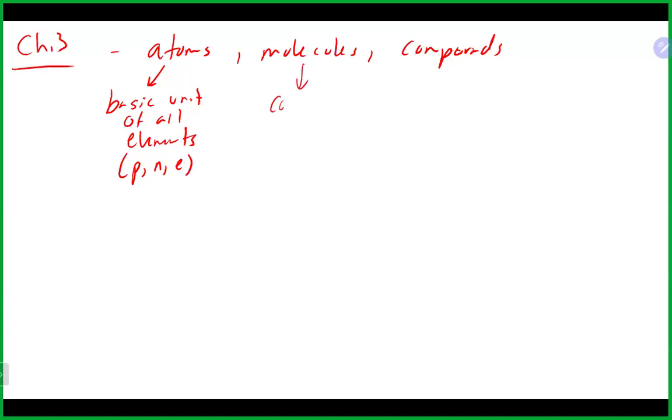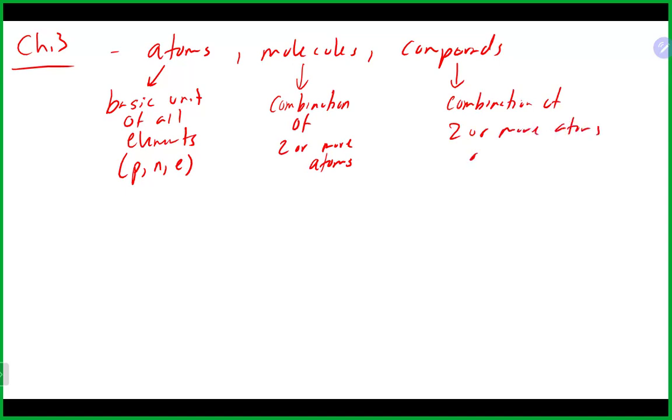A molecule is a combination of two or more atoms. A compound is a combination of two or more atoms of different elements.